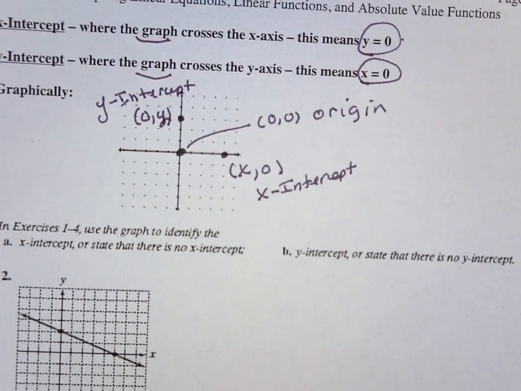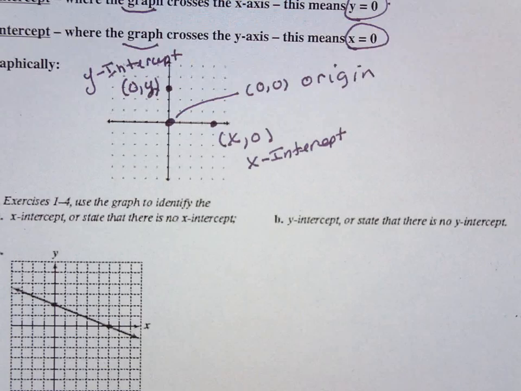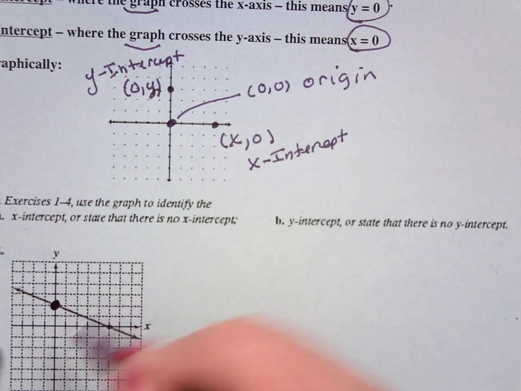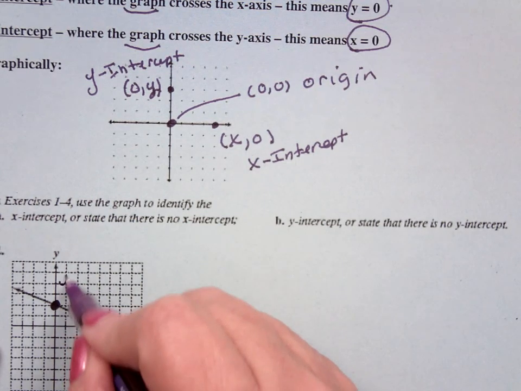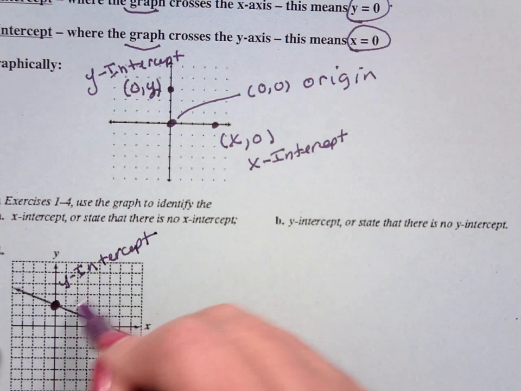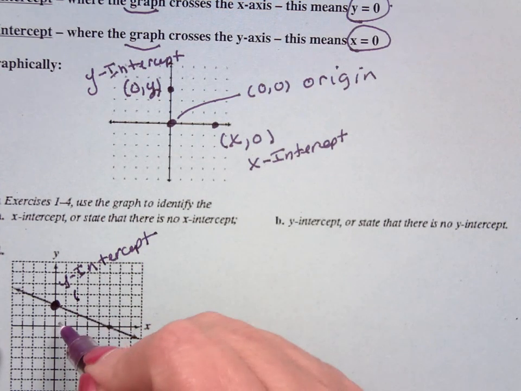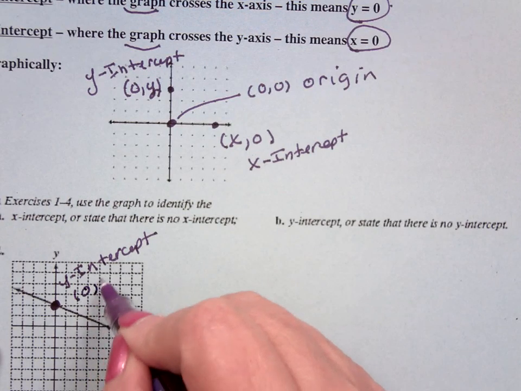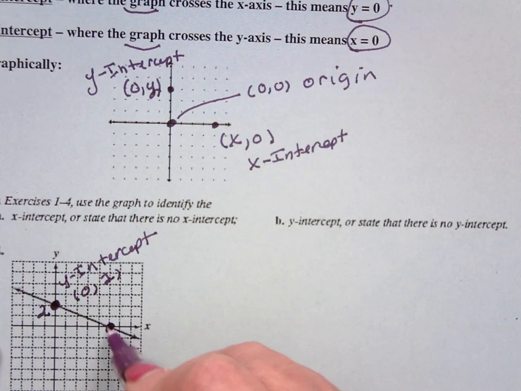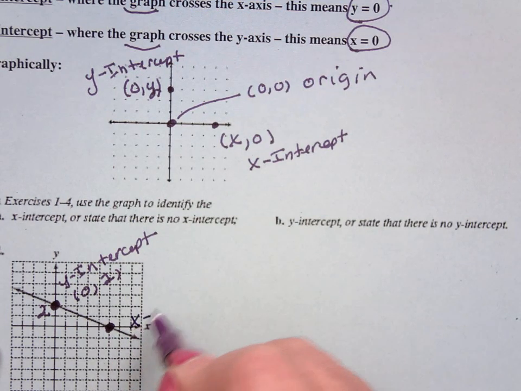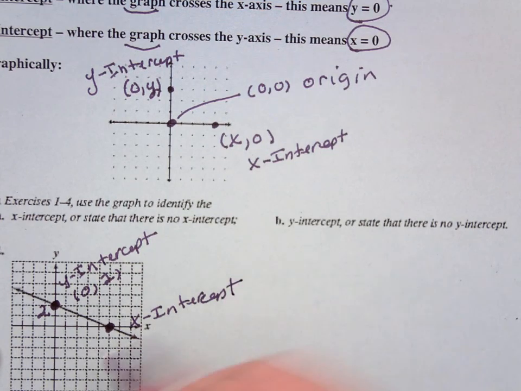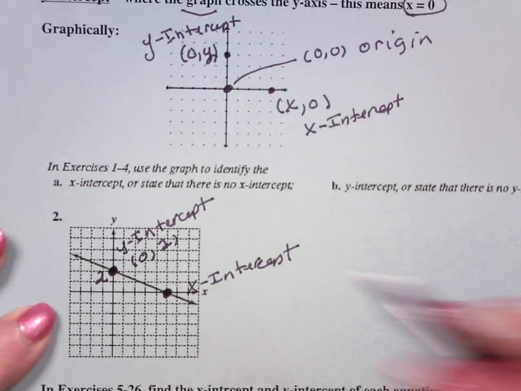So it says here, identify the x and y intercepts. Well, here's the y-intercept because that's where the graph crosses the y-axis. And if you look at it, it has to be x equals 0, y equals 2, because it crosses the y-axis at 2. There's your x-intercept, because that's where the graph crosses the x-axis.